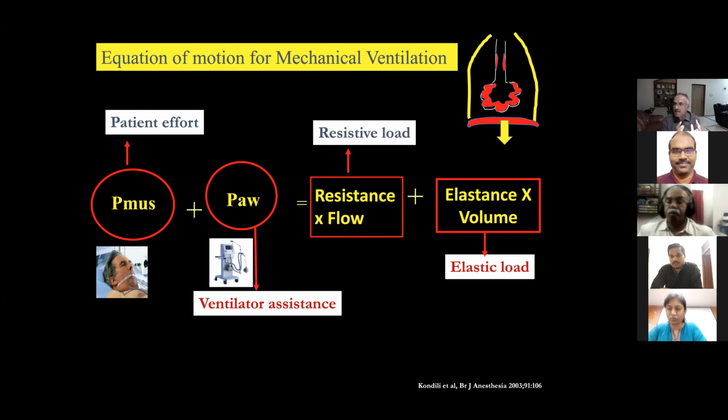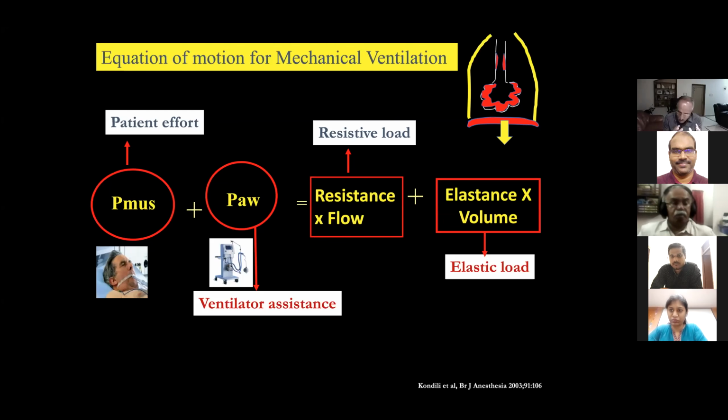If the patient is able to generate some effort, probably it can be an assist mode. If for other reasons you paralyze him, you put him on a muscle relaxant for anesthesia purposes, then the whole assistance has to be provided by the ventilator, isn't it? It's obvious.